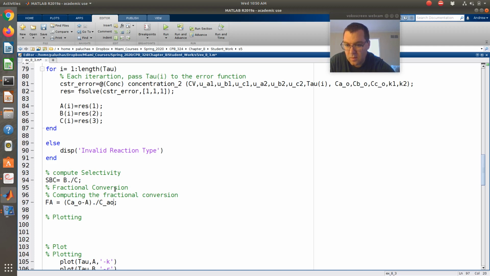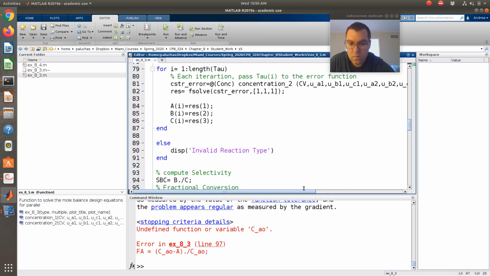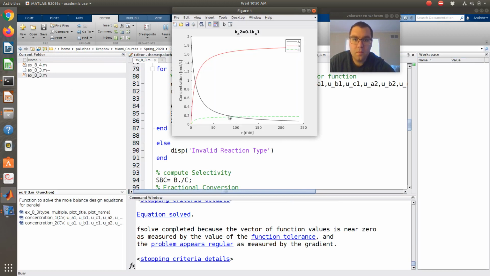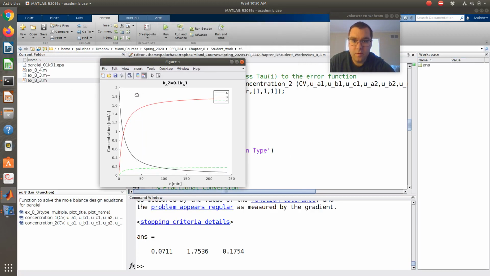So this should be CA underscore O. Okay, so figure 1 looks good.